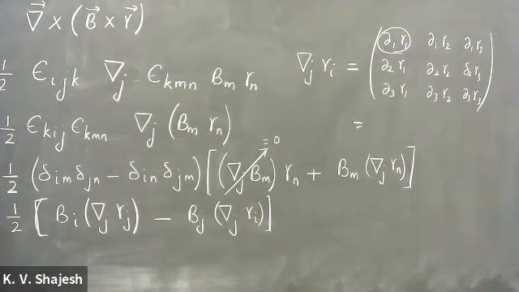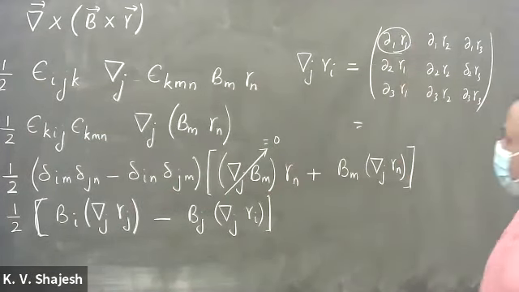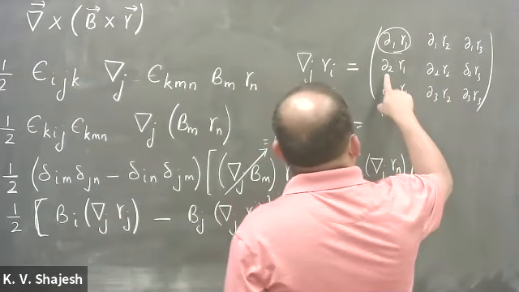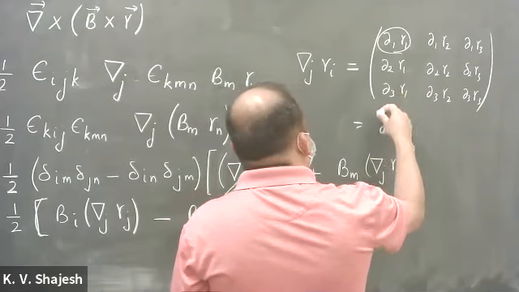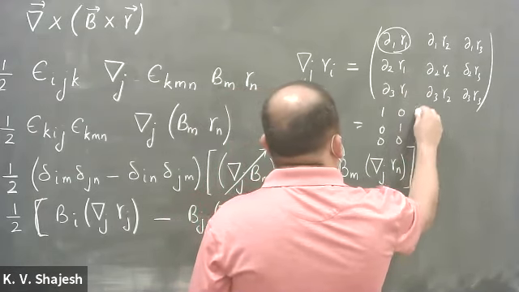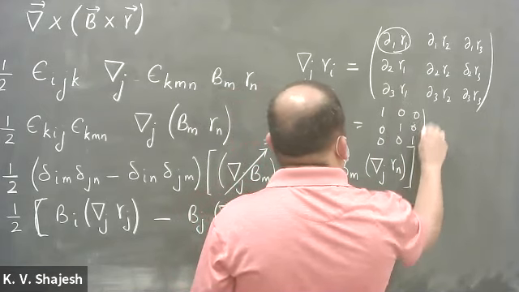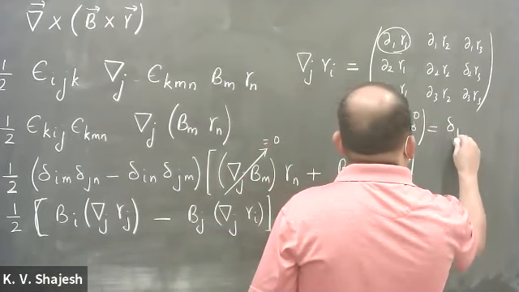1. That's the derivative with respect to x of x itself. That's 1. What's the derivative of y with respect to x? 0. Derivative of z with respect to x, that's 0. See the pattern. That's 1, right? It is delta ij.